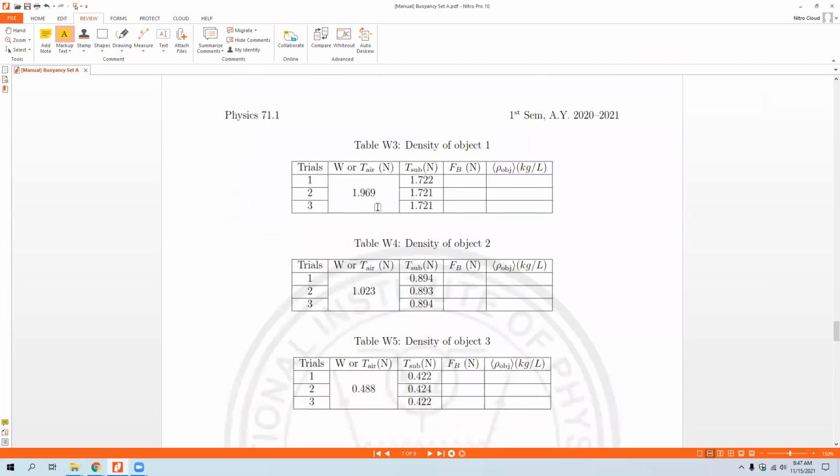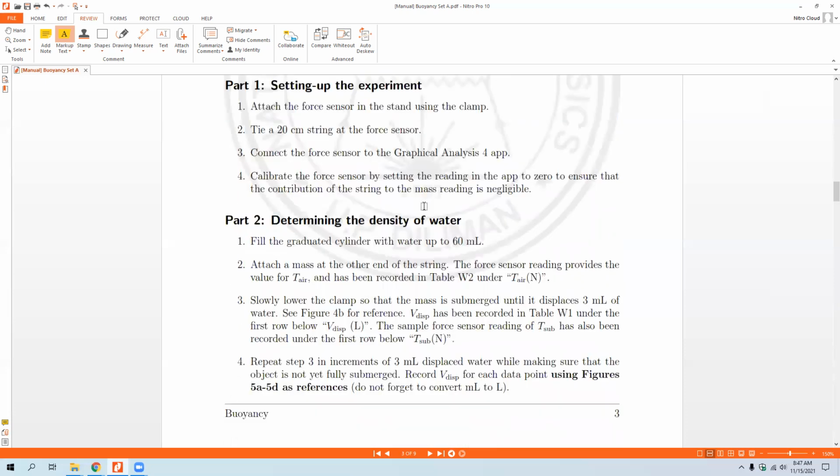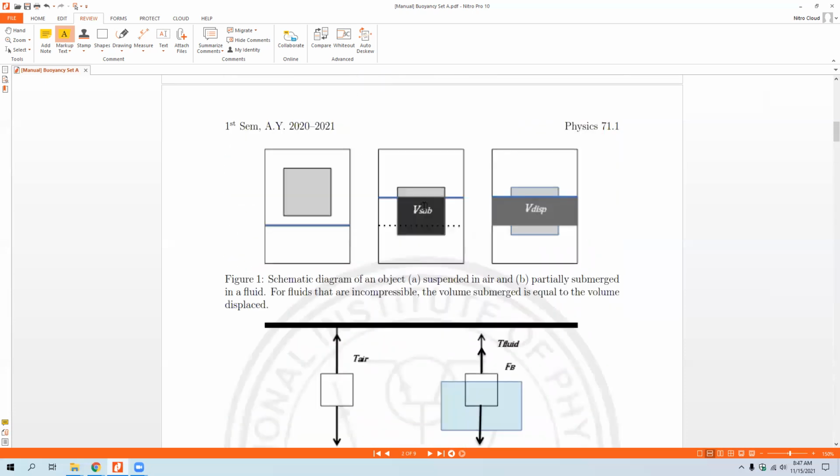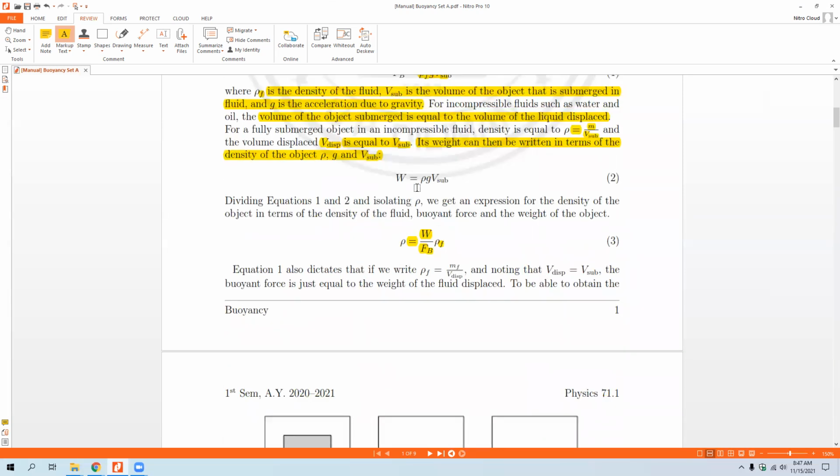So next, table W3. These are 3 trials. And again, given ang weight and T sub, you can calculate your force here. And using yung related equations, you can calculate for the density of your object. So what equation do we use here? You can use this one.